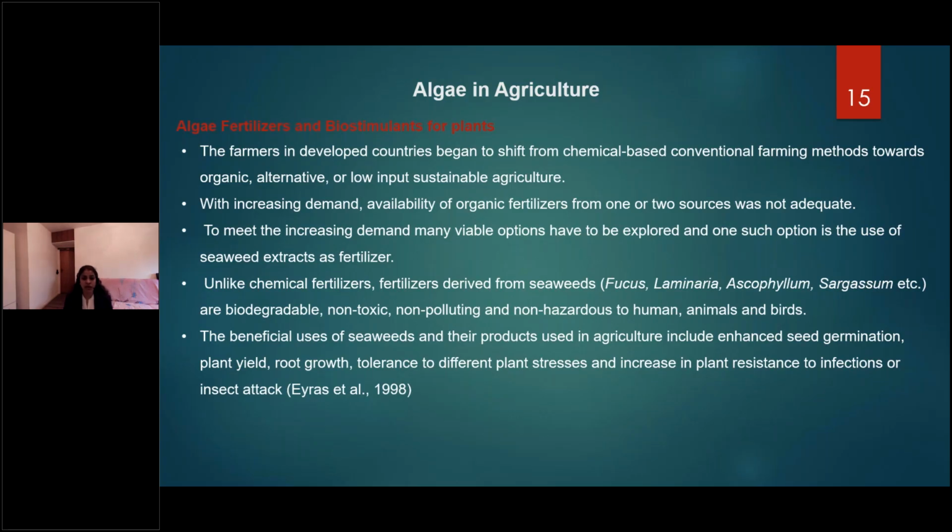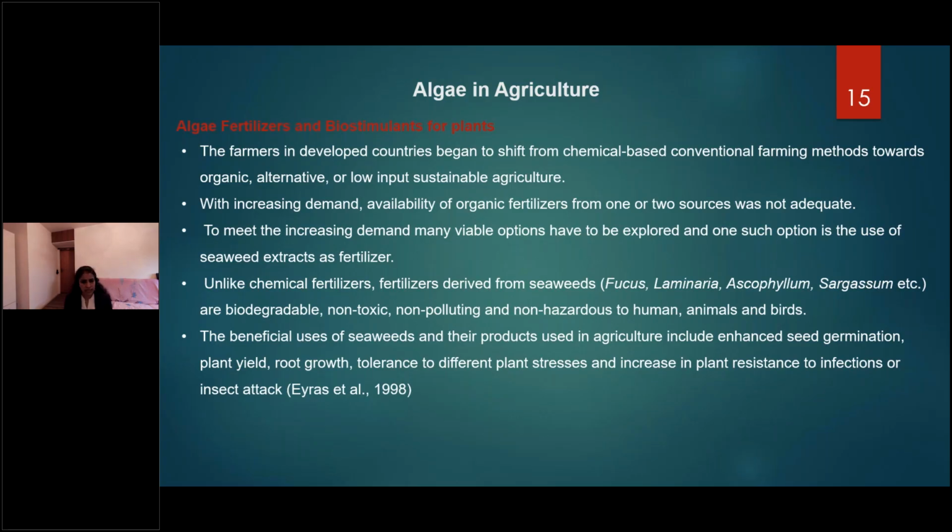But nowadays there is huge market demand, because farmers here have already switched from chemical-based conventional farming methods, and because people are aware of these chemical fertilizers, chemical biostimulants, and what they do to human health. So developed countries like Germany, UK, US have already shifted from chemical-based conventional farming towards an organic alternative method, just to input sustainable agriculture products.